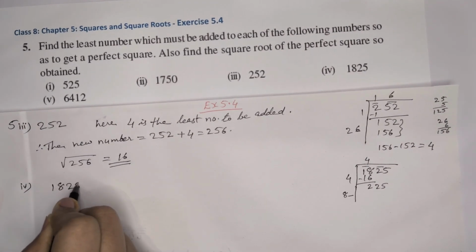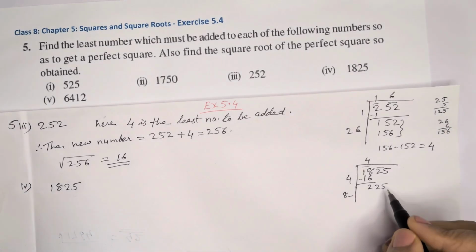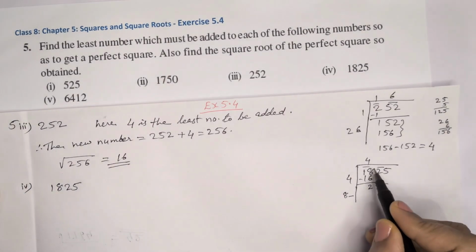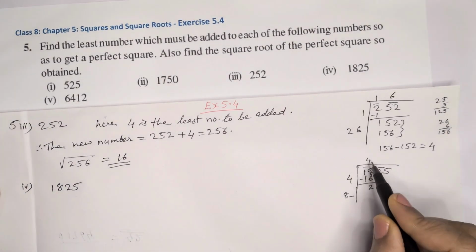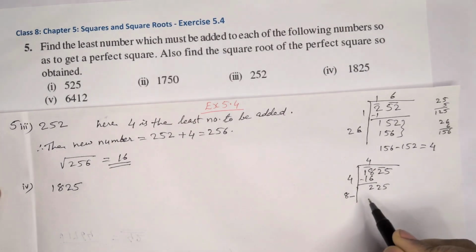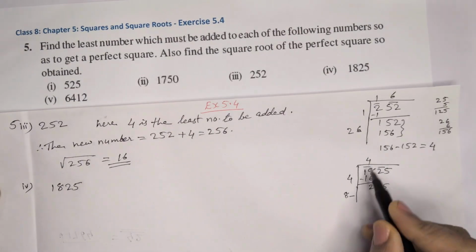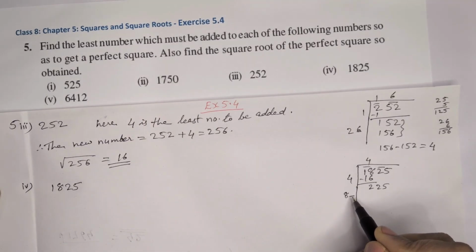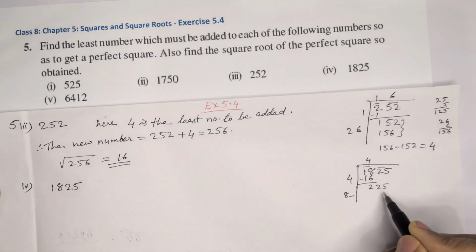1825. In that number, when we are dividing here, after 16 is a perfect square, so 4 squared minus 2, 225, here doubling that, 8, then it will come. Here we have to find the number such that just before or just bigger than this number.